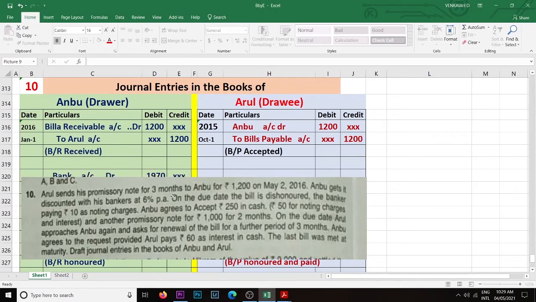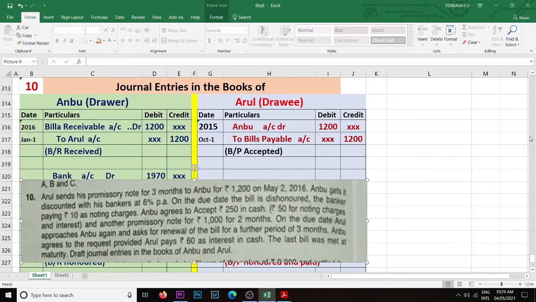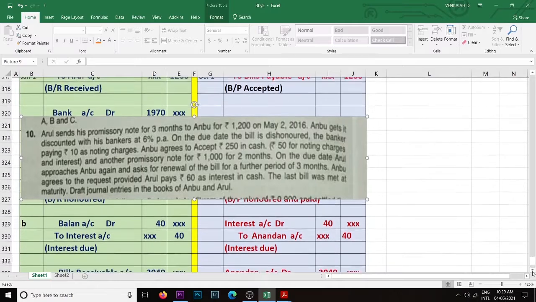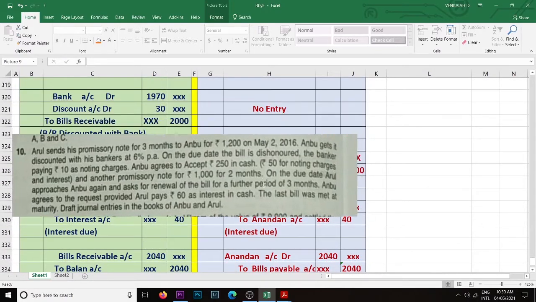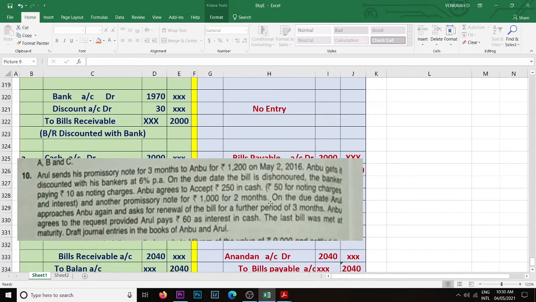And in May 2016, Anbu gets it discounted with the bank. When it was discounted, 2016, May 7. Bank account debit, discount account debit. So we will calculate the discount.